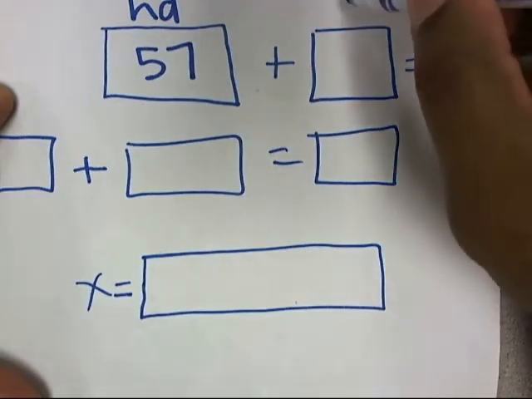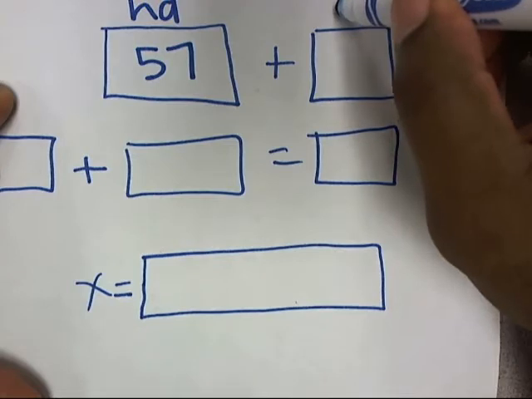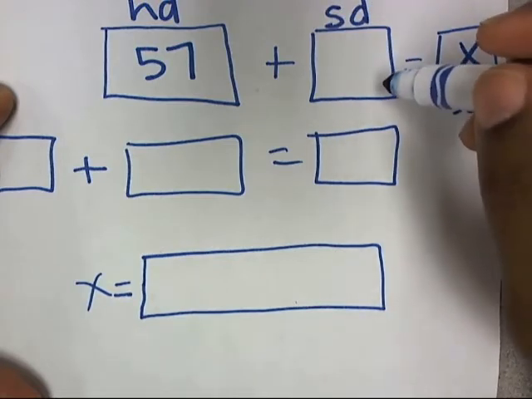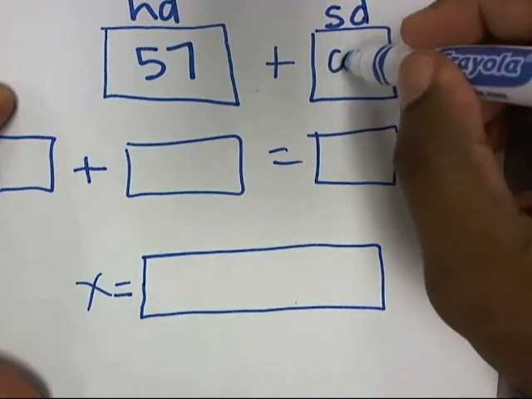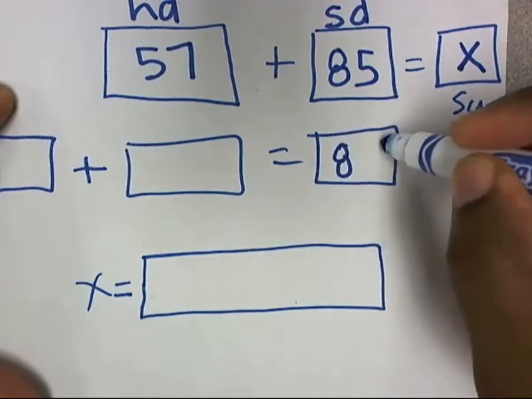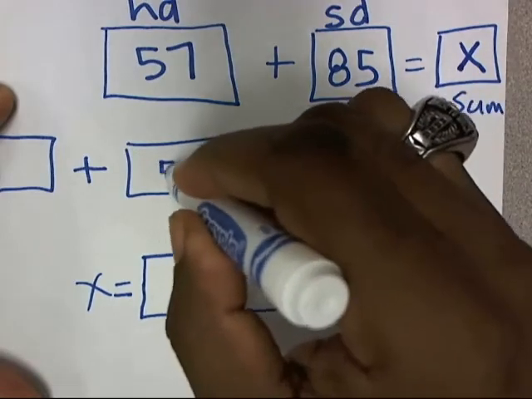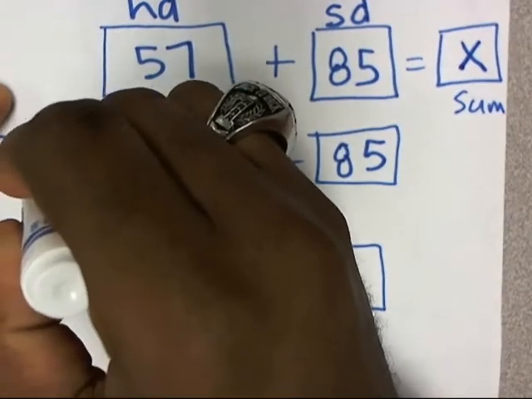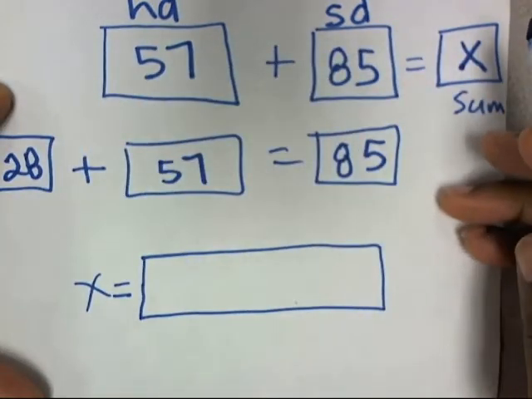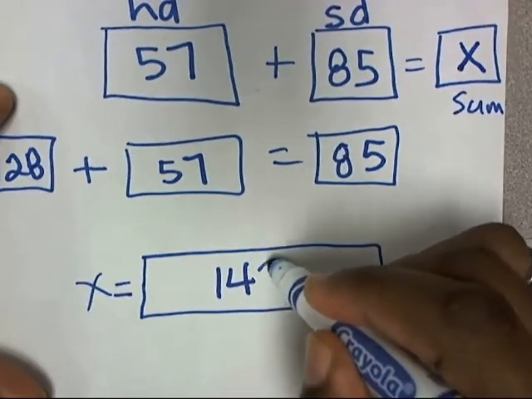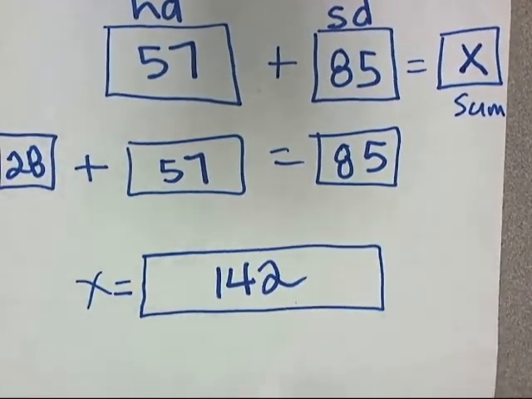Your big number is the sausage dogs, and the number is 85. So now you just bring those down, 85, 57, and then your difference is 28. So your sum is 142, and that's how you solve it.